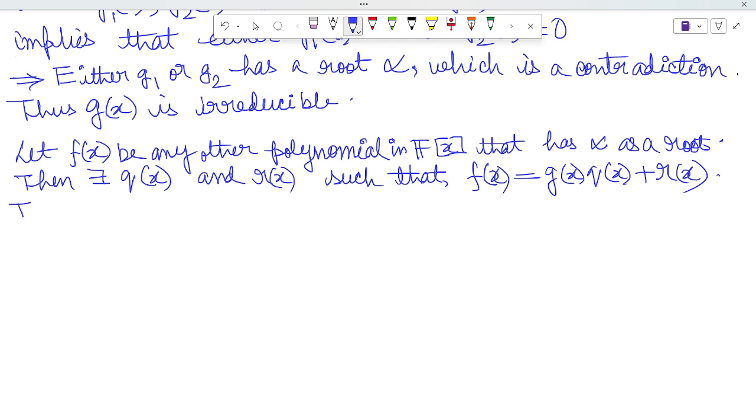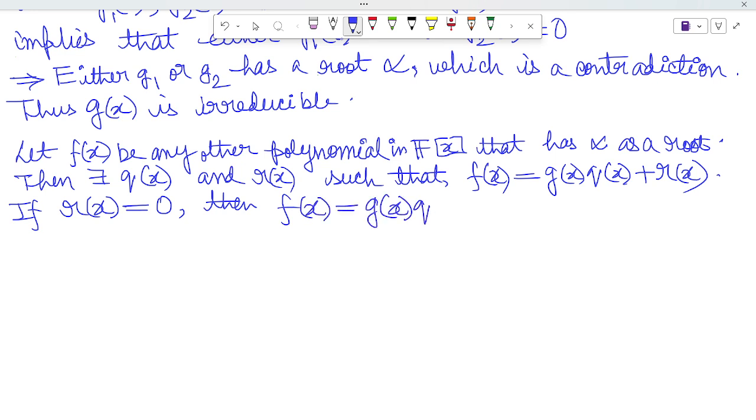So if r(x) equals 0, I mean the remainder is 0, then f(x) equals g(x) q(x). That is, g(x) divides f(x). That we need to show. g(x) will divide f, and we are done.